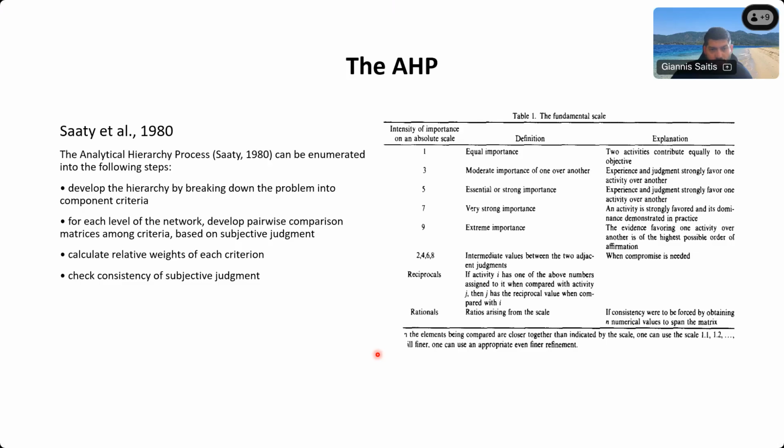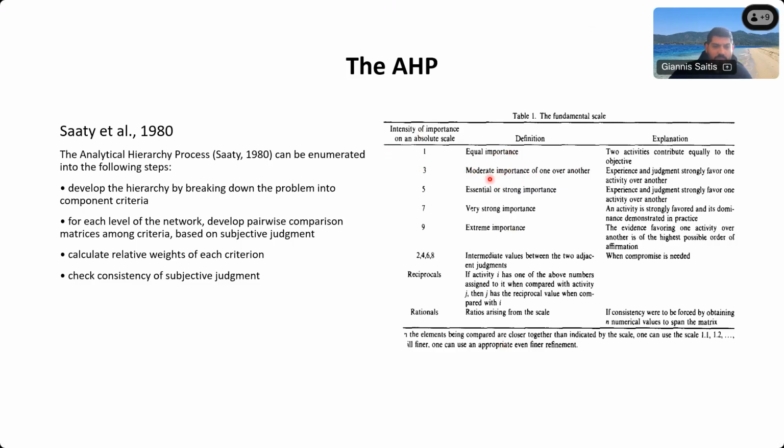So here we see how to numerically judge, maybe to numerically make the comparison between 2 variables, 2 criteria. If 2 criteria have equal importance, it gets the value 1.